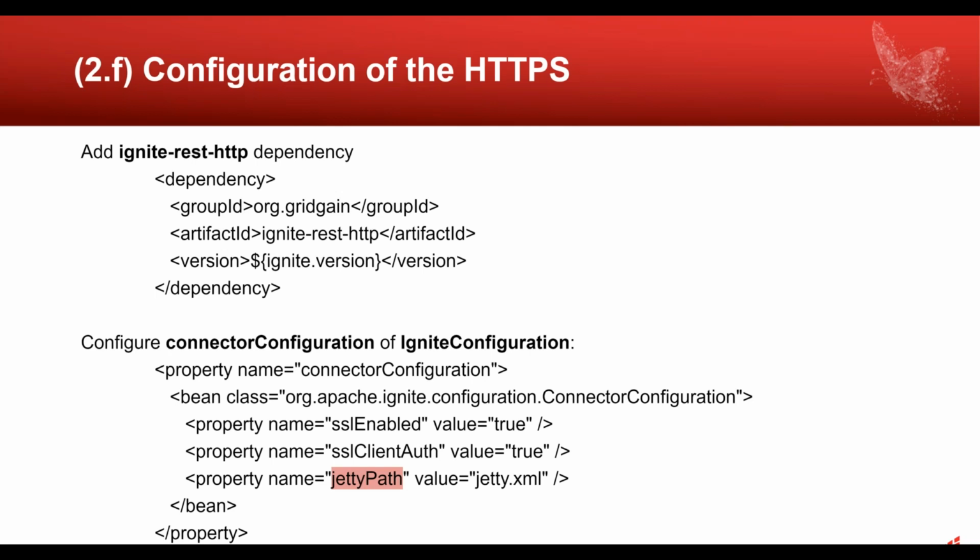Another part is that you need to add the Jetty path to your connector configuration property. You can see how it can be configured here. The example of the Jetty XML file we will see in the demo that we will run after this overview.